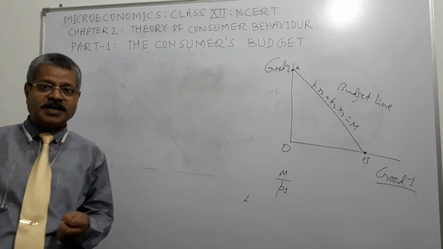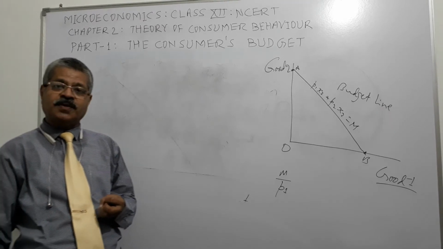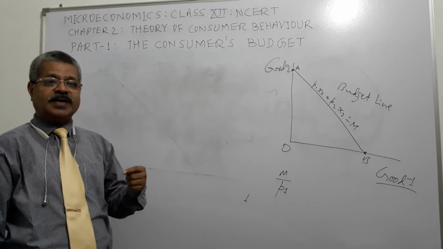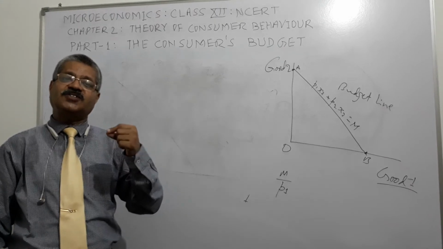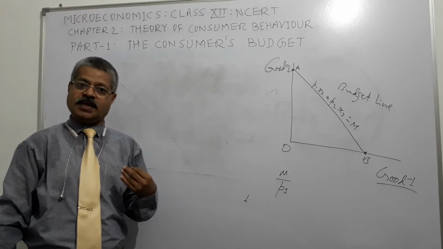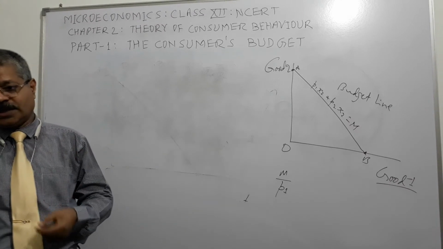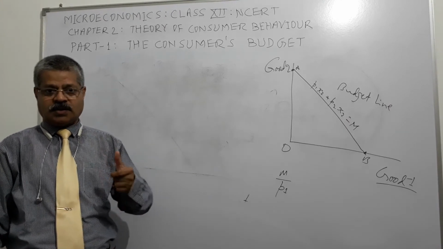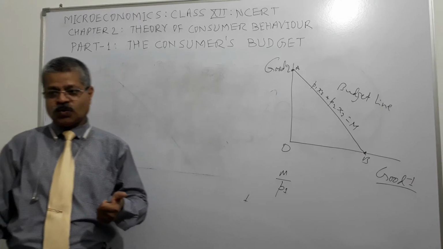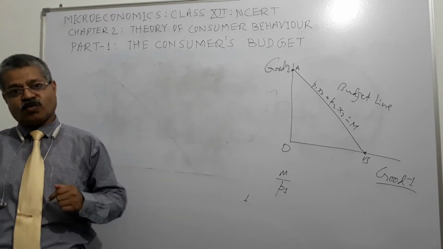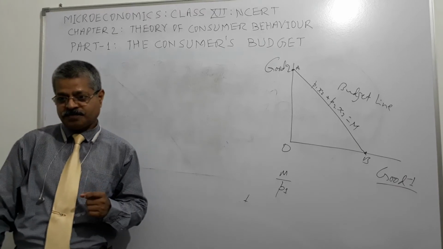Why do we need to do that? Because our resources are limited and we have limited bundles to choose from because of income, right, and the prices of the goods. For having one more unit of good one, the consumer has to give up some unit of good two. Otherwise, how does it get more of good one, right?